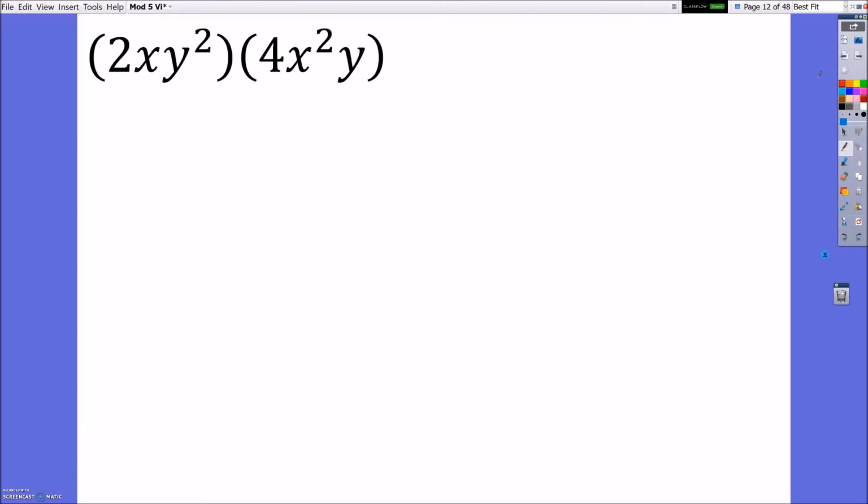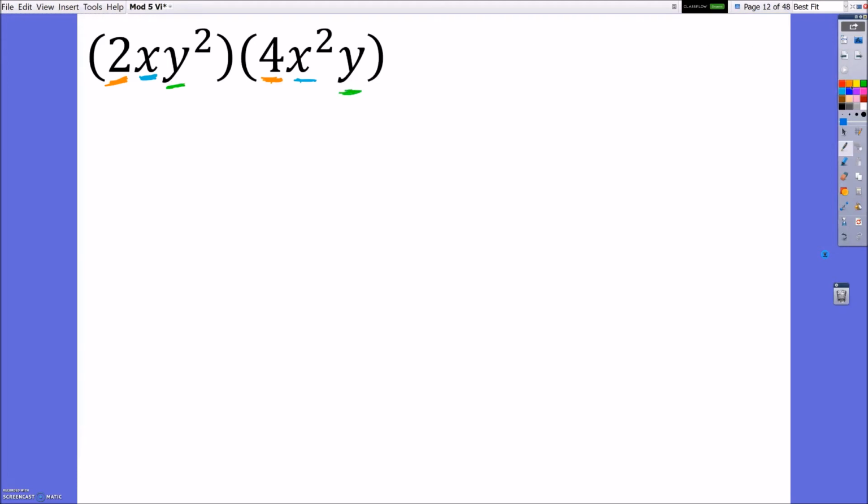So now this looks a little different because I have 2xy to the second and I have 4x to the second times y. So I have a number attached there. What I want you to realize is I'm going to treat the numbers just like regular old numbers, and so they have their own rules, while the x's with exponents and the y's with exponents have their own rules.